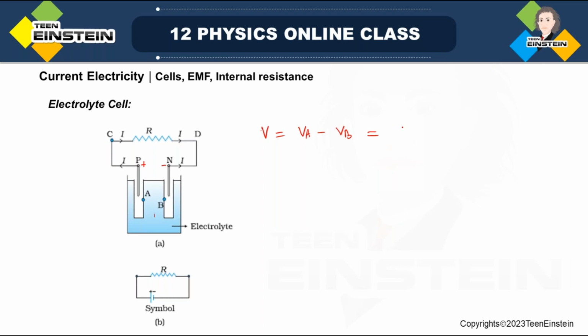In the open circuit condition, if the external resistance is not connected to the electrodes, then the potential difference between the electrodes is called the electromotive force, which is denoted by E. EMF in short, electromotive force.